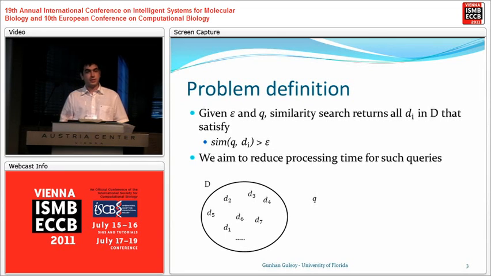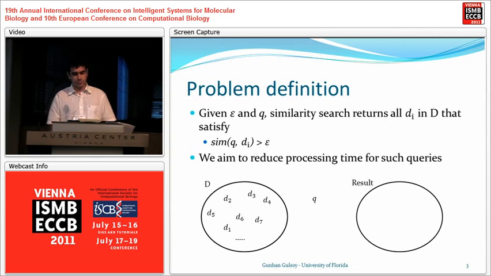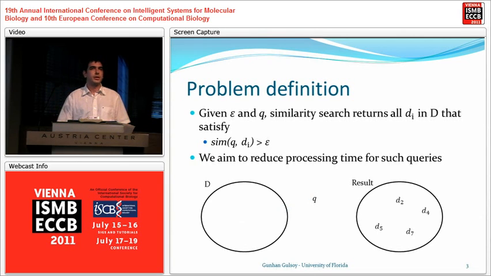Obviously, since pairwise network alignment is such a difficult problem, doing a one-to-one alignment of all the database networks to this query takes a lot of time. For example, in our experiments, we had a 300-network database, so it took over 2 days to process a single query. Our aim in this study is to reduce the processing time for such queries.